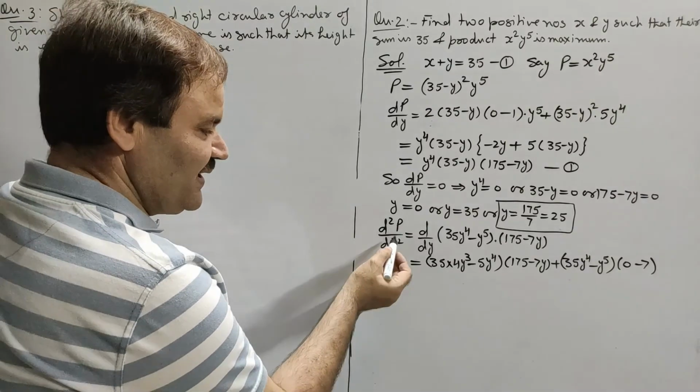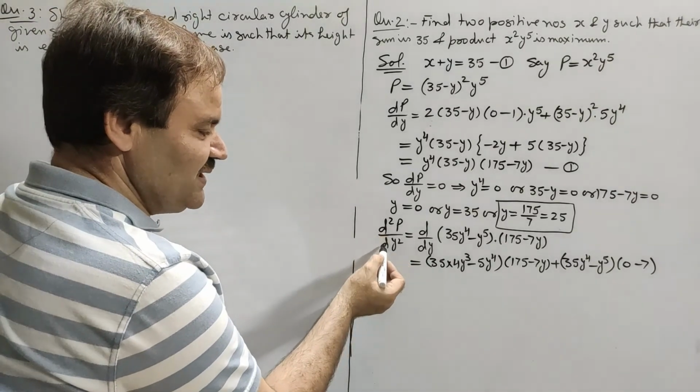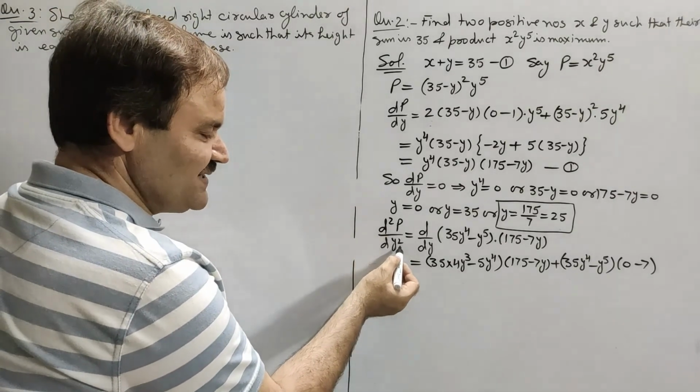Now we will find out the value of d square P upon dy square.